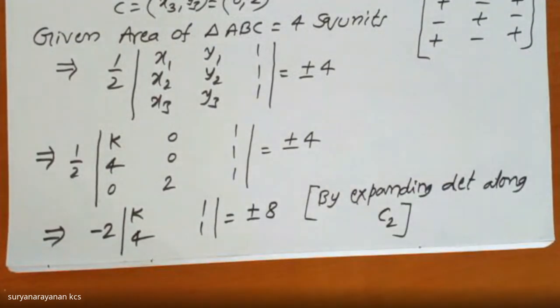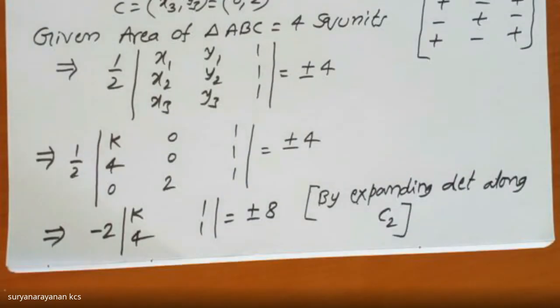By expanding the determinant along C2. Understood this step? Yes, sir. Now, can we go to the next step?